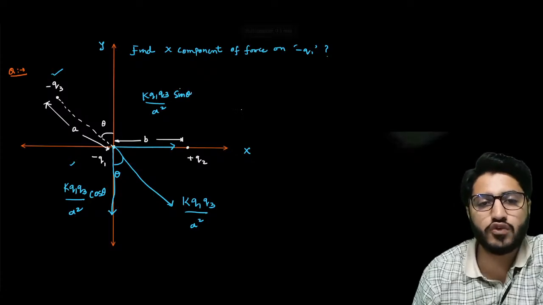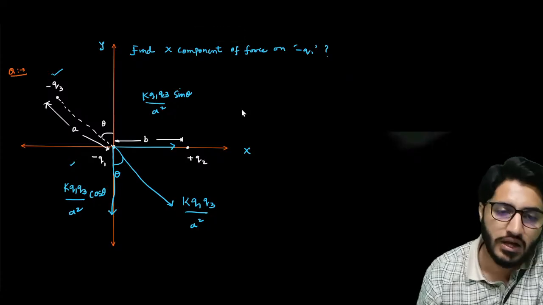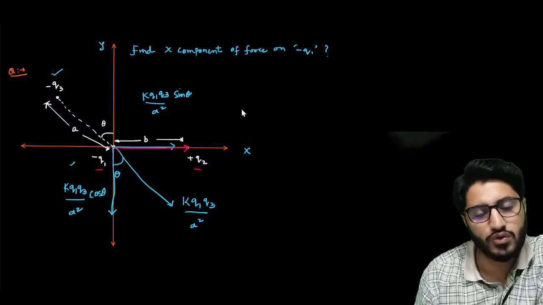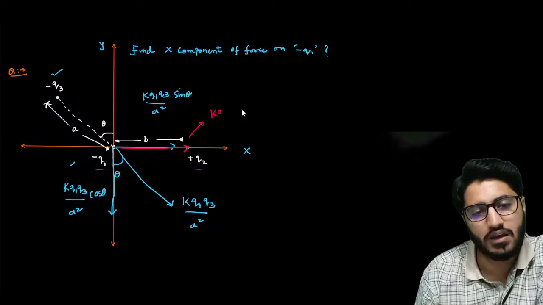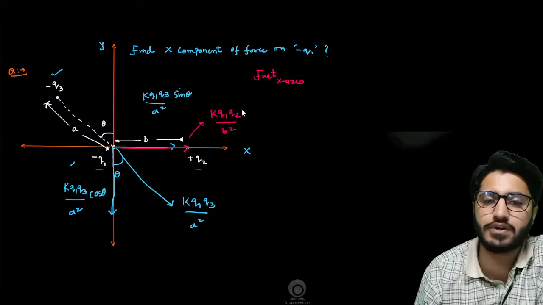But we have one more force here. Look, this plus Q will attract this minus Q in this particular way. So the value would be K Q1 Q2 by the distance B, so B square. So the net force in the x axis will be equal to this one plus this one.